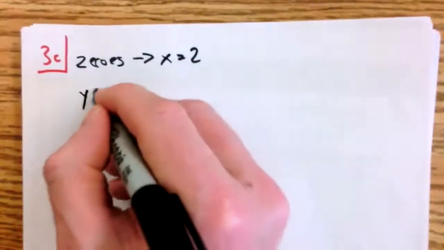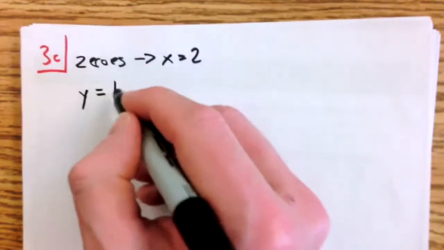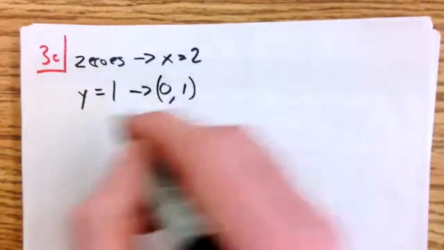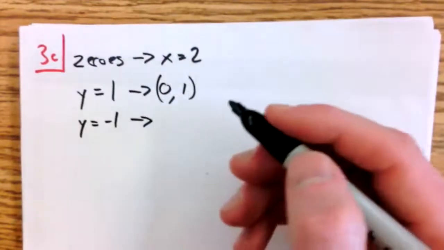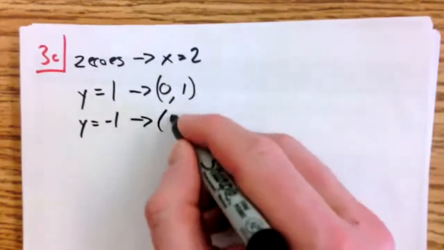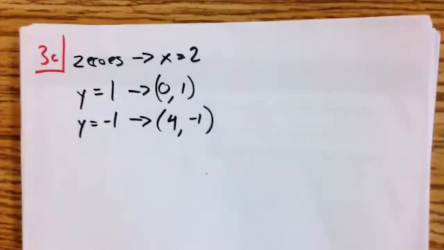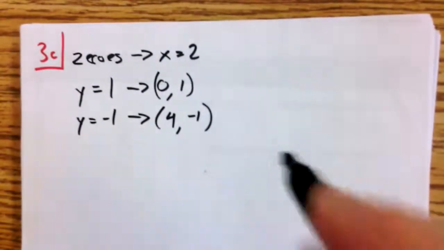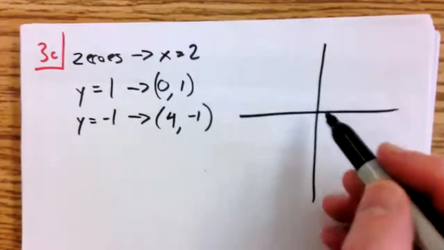And then y equals 1 at 0 and 1. y equals negative 1 at 4 and negative 1. We just got to draw our line through those points. One asymptote means it's not a quadratic function. So x equals 2.